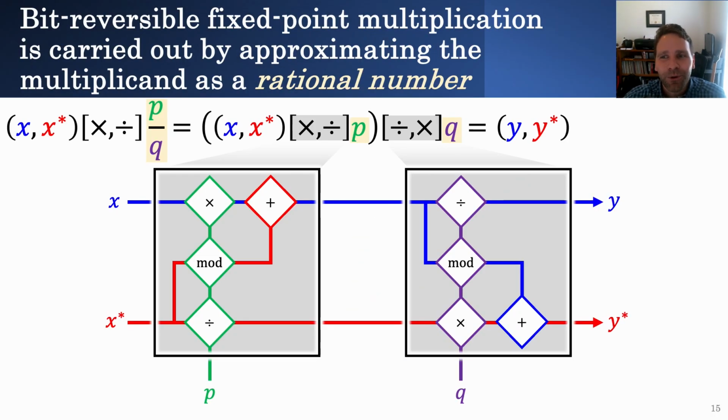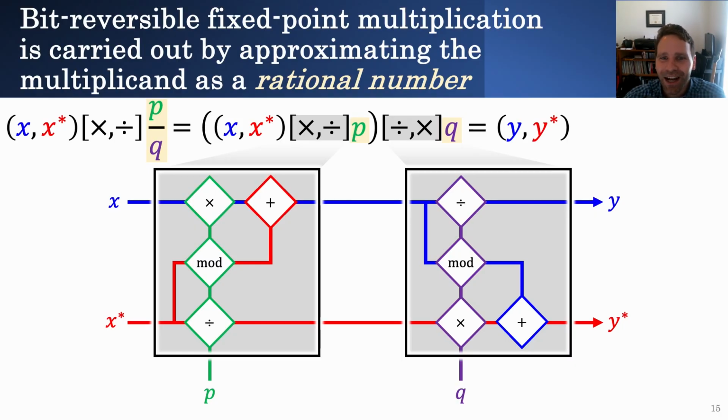Now, of course, we're never actually multiplying by integers. We're always trying to multiply by usually some real number. But you can actually reasonably approximate a real number as a rational number, or in other words, as some numerator and a denominator, both represented as integers.